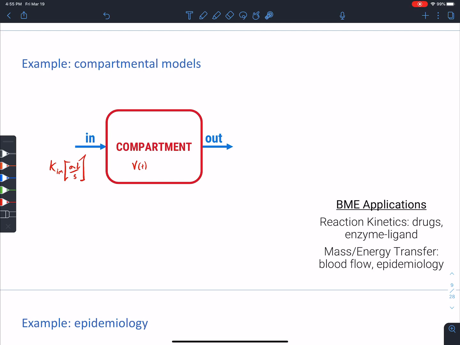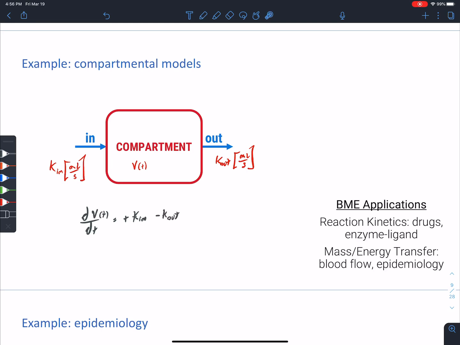Depending on the system, there will be different physical laws that will give you the value of an equation for this K in. And we have our K out, which in this case will also be milliliters per second. And we can express the differential equation that governs this particular component: dV/dt, the change in volume over change in time, will be equal to plus K in minus K out.